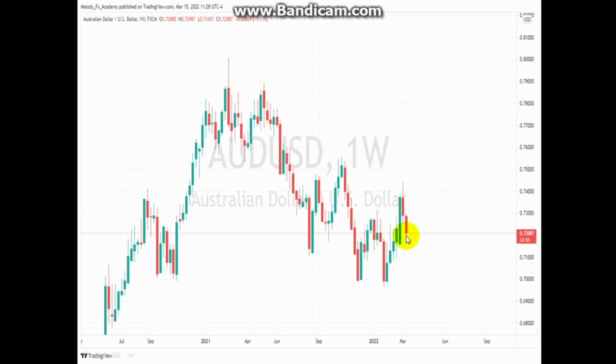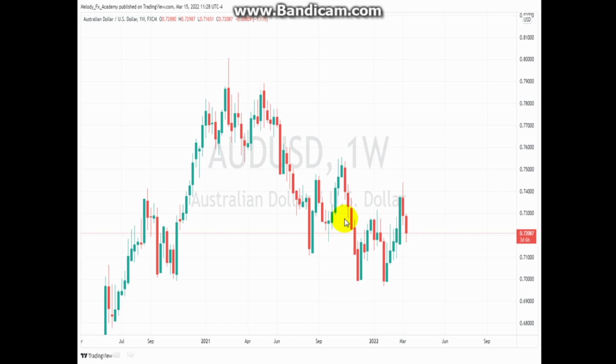I actually got 2 entries on the Aussie dollar in my money section, so that was all for the day. I didn't hunt for any more entries, using the concept of market structure shifts and internal range liquidity.